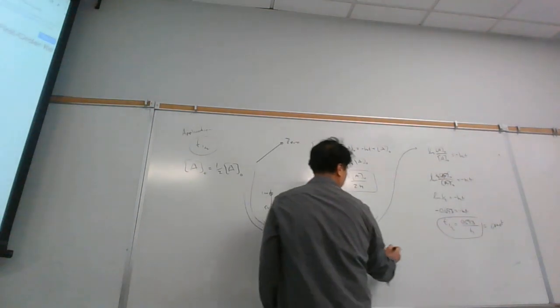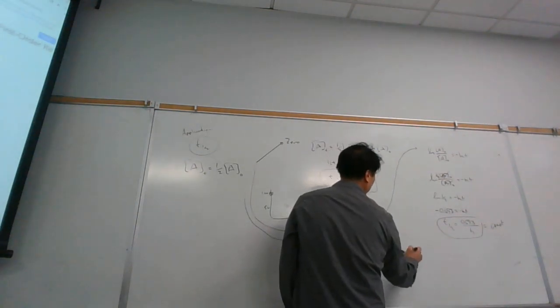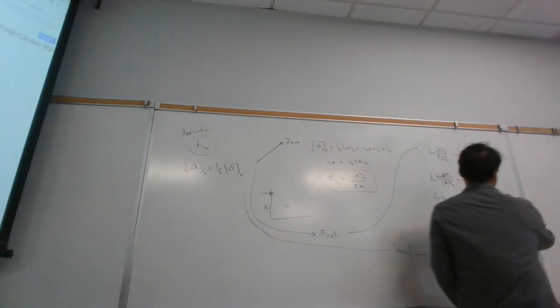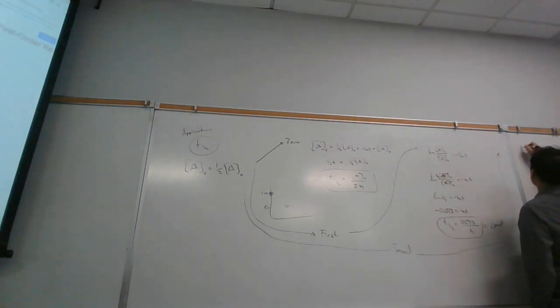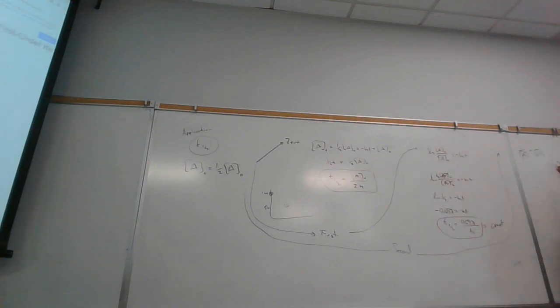Okay, let's do second order here. So we have 1 over A at time t, which will equal 1 over 1/2 A0, the initial, is equal to plus kt plus 1 over A0.